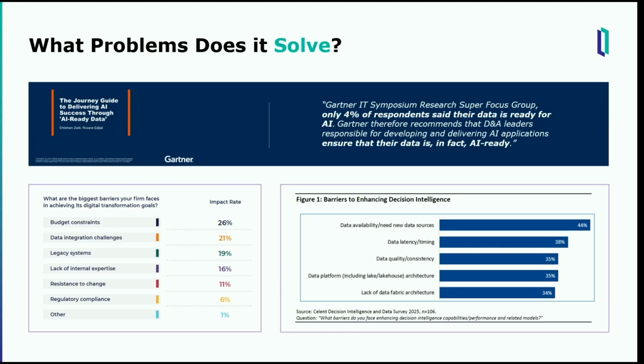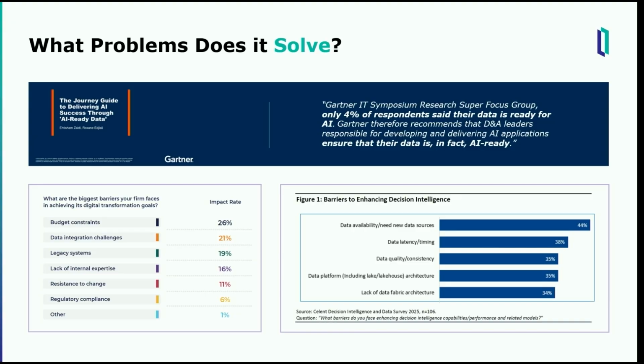It starts to get really challenging when you have data spread disparately inside and outside the organization, and you want to pull that together for predictive analytics, for Gen AI, and so forth. And it's interesting, this is recent survey data from Gartner. They found that only 4% of respondents said their data is ready for AI. So it's still a pervasive problem.